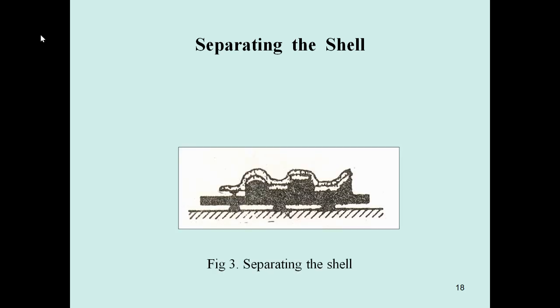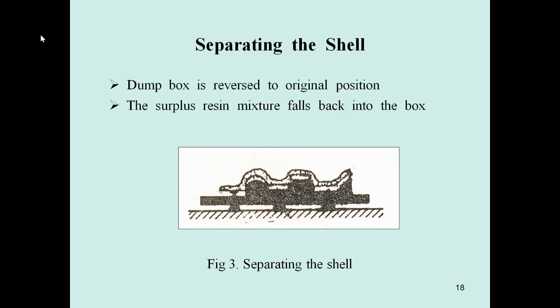Next, separating the shell. How are we separating the shell from the pattern? This is a diagram of separating the shell from the pattern. The dump box is reversed to its original position, and the surplus sand resin mixture falls back into the box.